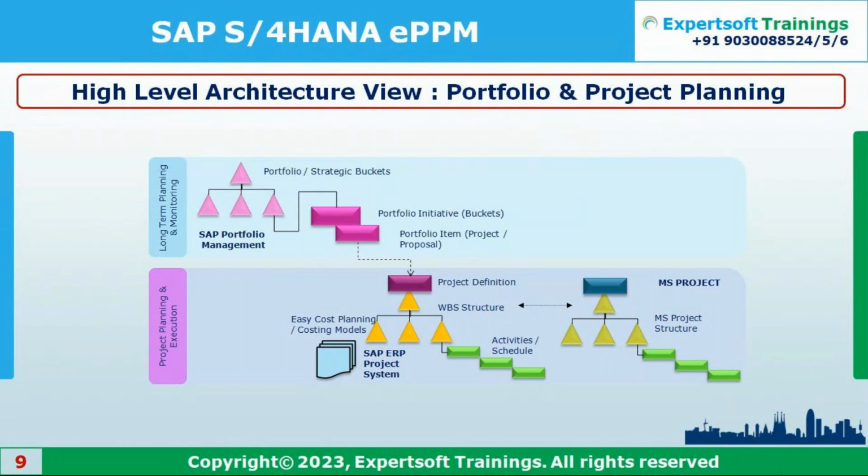Once everything is approved, or maybe some decision points are approved, then you can convert this item into real operational projects. It can be C projects or PS projects. Suppose it has been converted into PS projects. Further, that can be integrated directly with MS Project, or you can also integrate MS Project with this portfolio item.